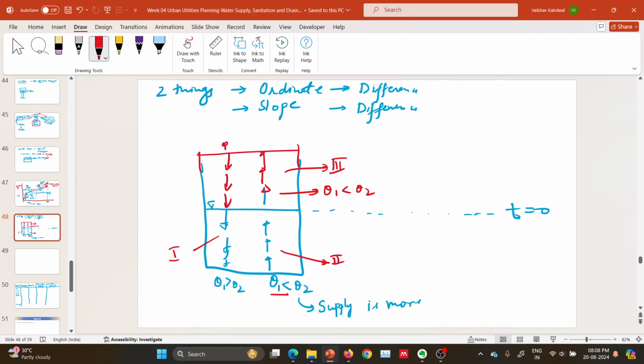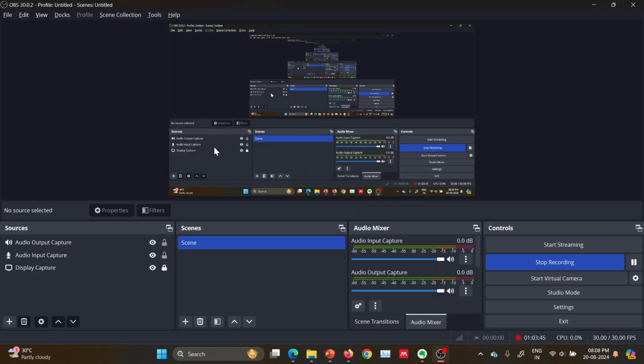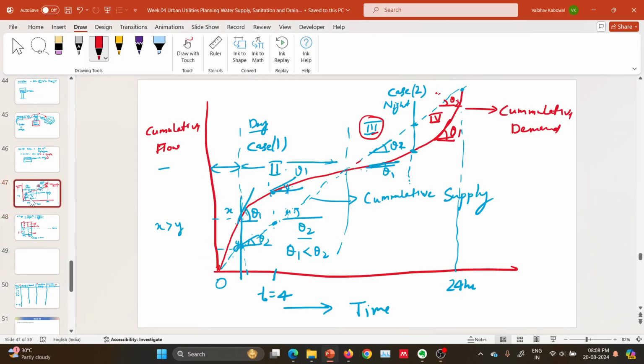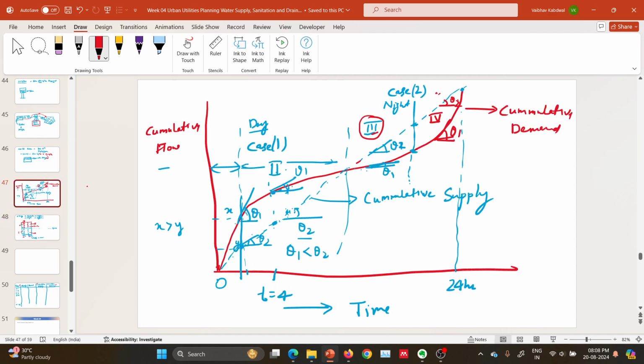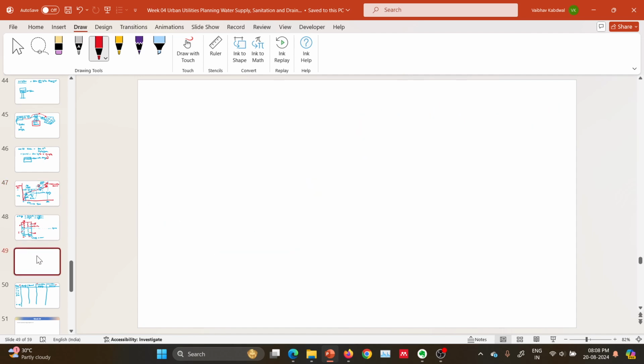This will happen in phase 4. But same thing, theta 1 is greater than theta 2. So these are the concepts of service reservoir. Likewise, you will plot this curve and you will gain insight from this curve.